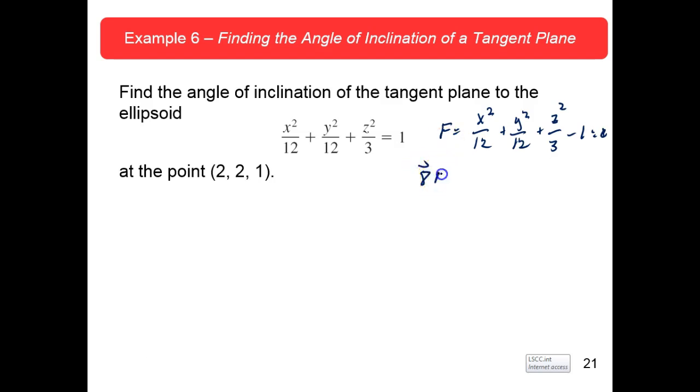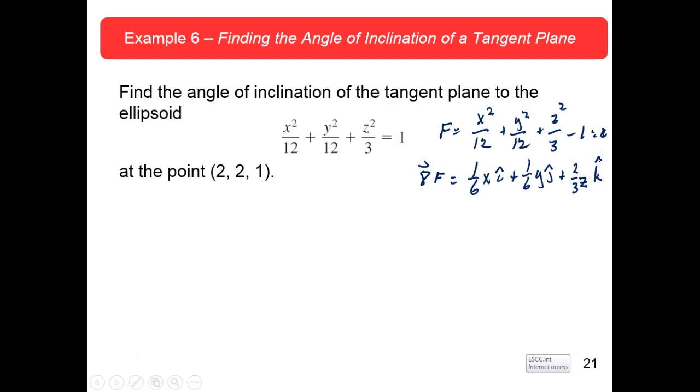The gradient of f is equal to what? I can't hear. 1/6 x in the i direction plus 1/6 y in the j direction plus 2/3 z in the k direction.